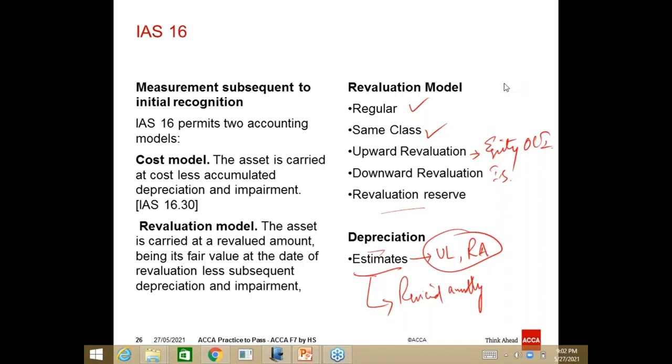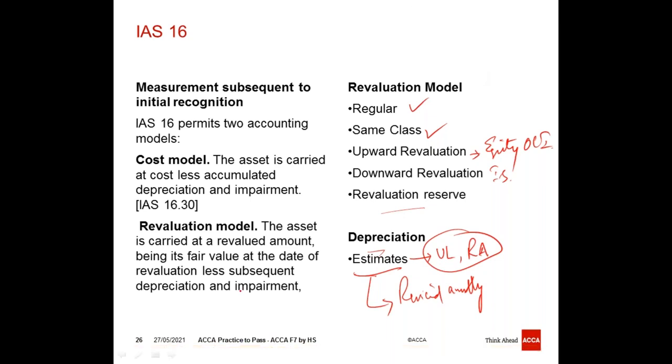Regular means there must be a time period after which we need to do the revaluation, like after every 3 years, or after 4 years, or after 1 year. So you have to decide at what time you are going to make the revaluation.